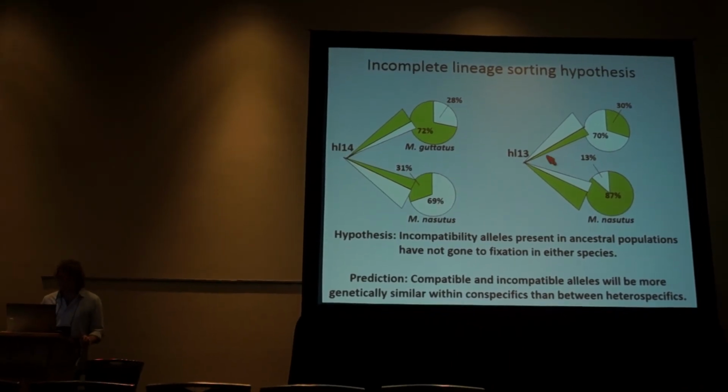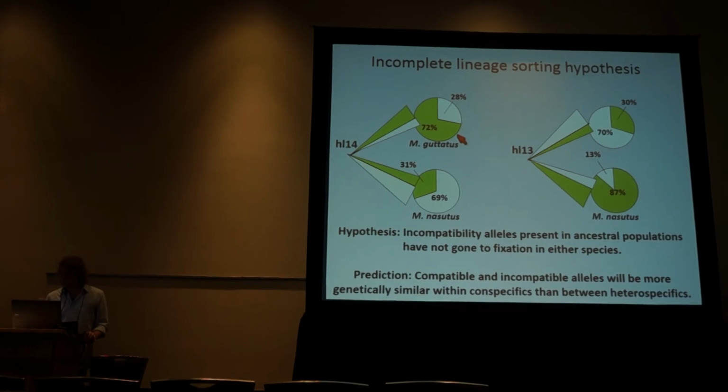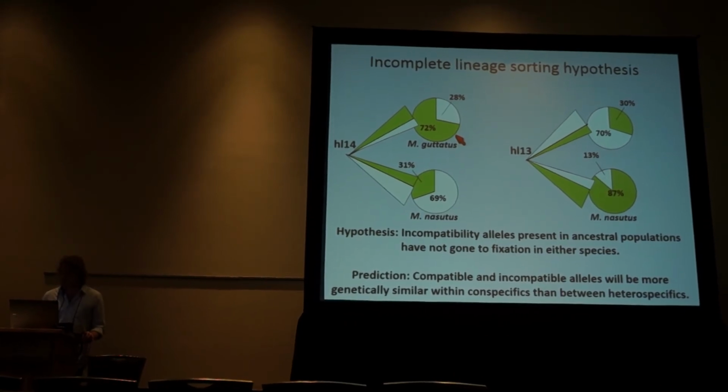In this case, we predict that compatible and incompatible alleles will be more genetically similar within conspecifics than between heterospecifics.